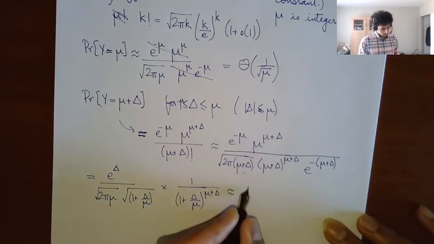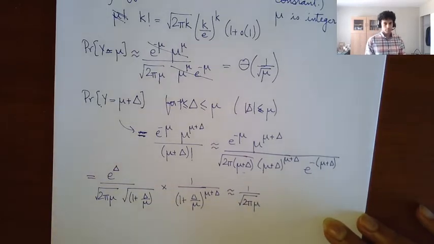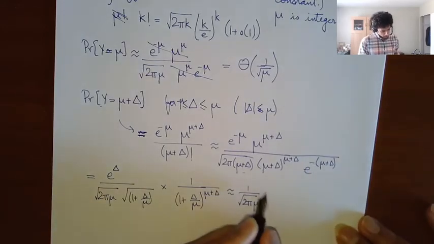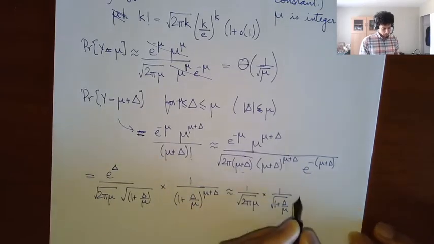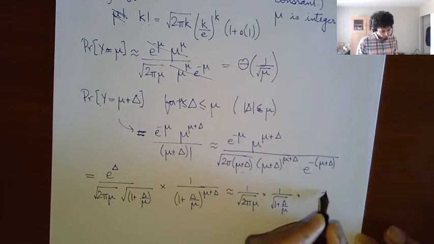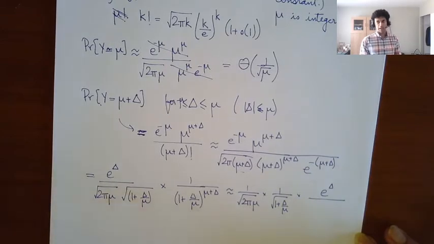So what do I get here? I get this term here, times, of course, that quantity. So I'm trying to compare with this, times e to the delta. Now I'm going to replace the 1 plus x with e to the x.